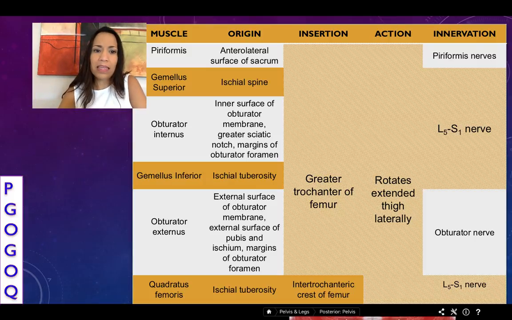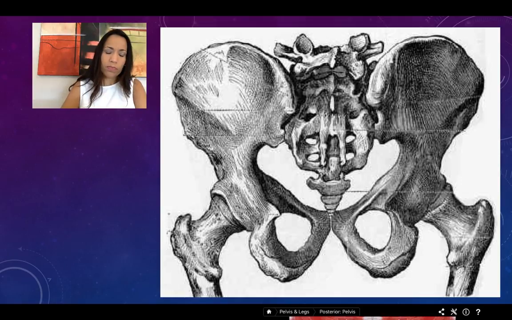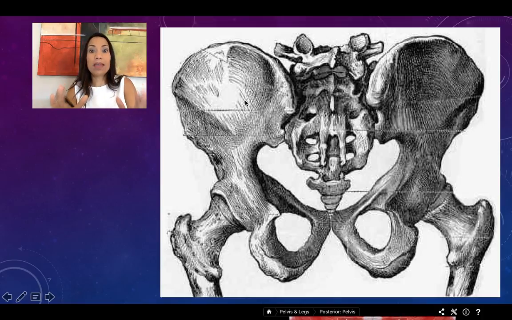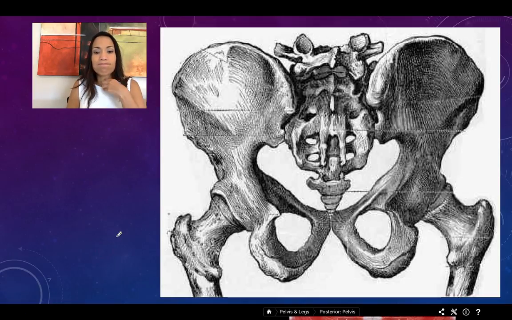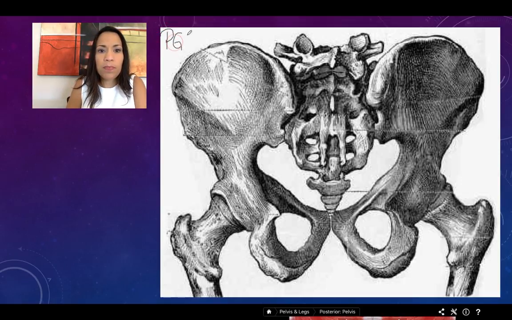So let's see these origins and insertions. Now, I have included a posterior view of the hip joint, including the sacrum, both of the coxal bones, and both the femurs, okay? To show you the origins and insertions of these muscles, the lateral rotators of the hip.